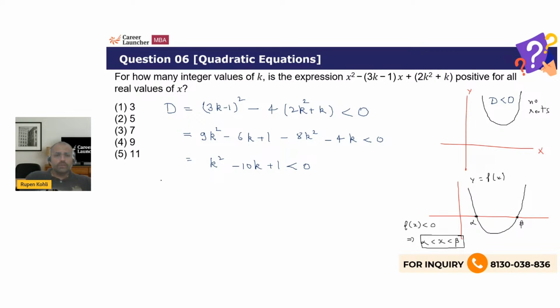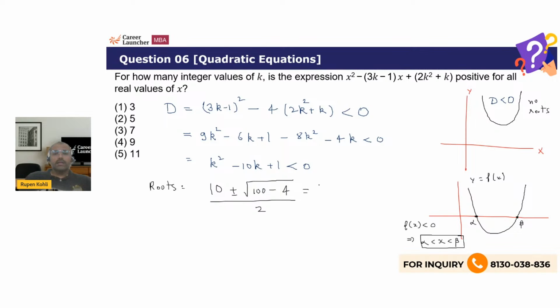So what are the roots over here? The roots of this equation, we have to use the quadratic formula because this is not getting factorized for sure, right? So minus b, which is minus of minus 10, plus minus under root of b square, which is minus 10 whole square, which is 100, minus 4ac, which is minus 4 into 1 into 1, simply 4, whole upon 2.